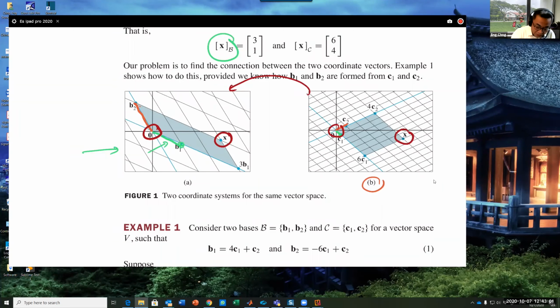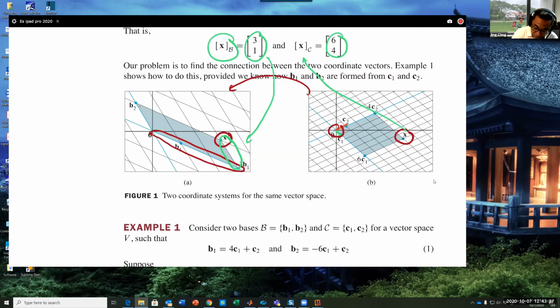Now, x will be exactly the same point when you put the two figures on top of each other. But in B's world, he will describe it as: x's position is to move 3 positions along the first entry of the B coordinate, followed by one positive entry along the second coordinate of B. While the same position of x is described by 6, 4 in C. Let's see where the 6, 4 is.